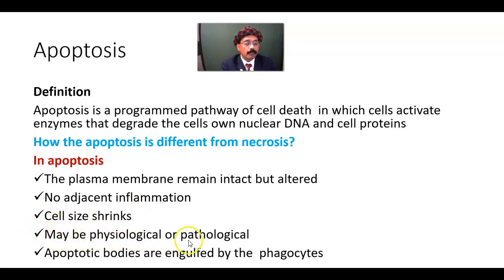Apoptosis may be physiological or pathological. Physiological examples include embryogenesis and organogenesis during intrauterine life, or apoptosis of cells of the intestine, blood cells, and uterine endometrial cells. Pathological apoptosis may be due to DNA damage by radiation or some type of viral infection, like viral hepatitis.